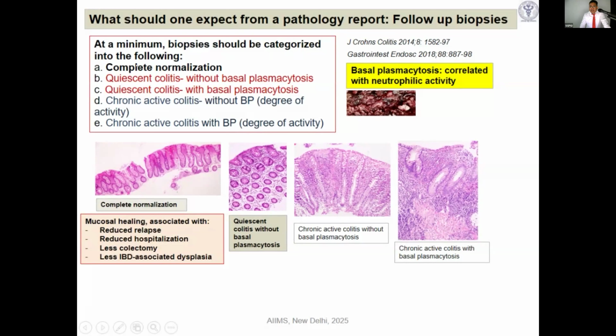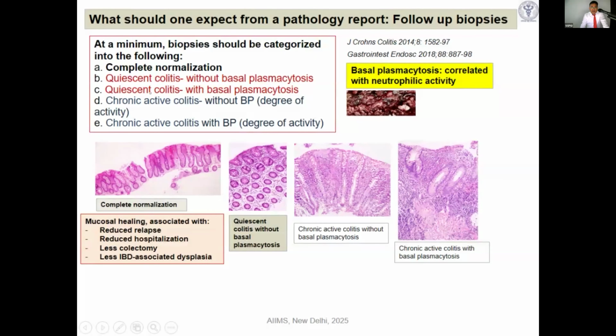Please also remember that we follow this 5-tier system, described by Dr. Pai's group, and this helps because in quiescent colitis, you also have to comment on whether basal plasmacytosis is there or not. If a patient has quiescent colitis with basal plasmacytosis, it is very likely that there will be an active clinical relapse in the very near future.